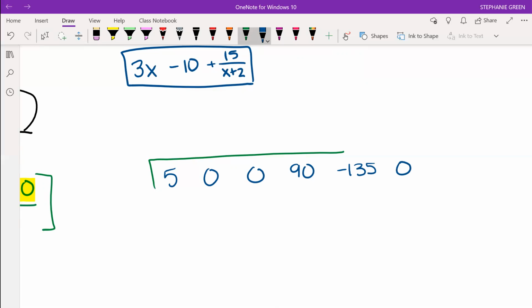I'm careful when I do this to make sure my numbers are spaced far enough apart that I don't get them mixed up. I don't want to accidentally have them overlapping and thinking that it's one number.